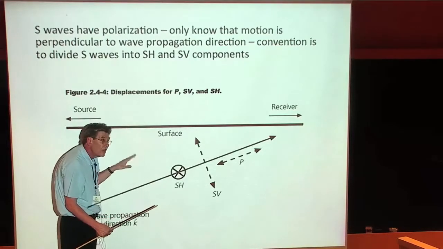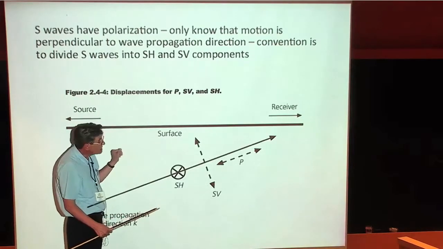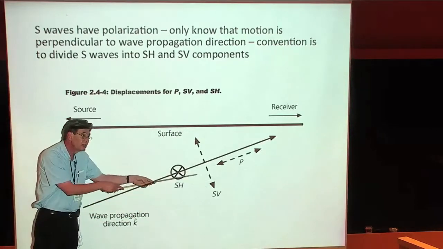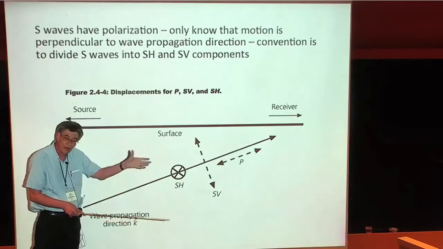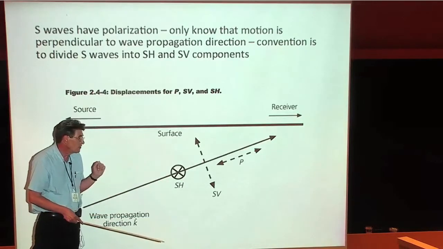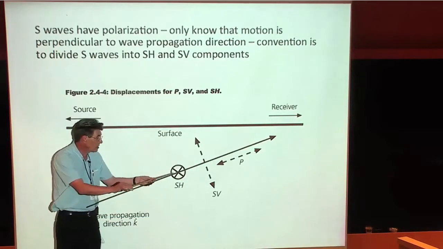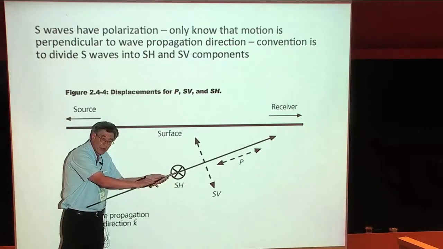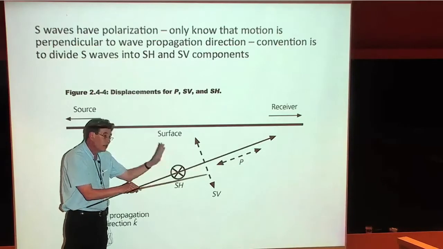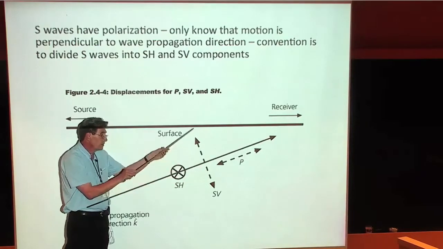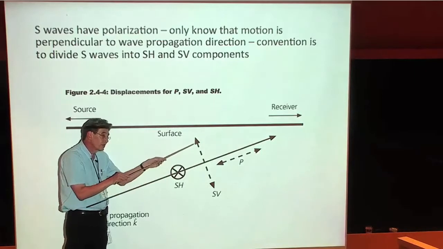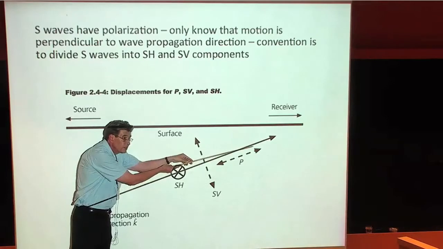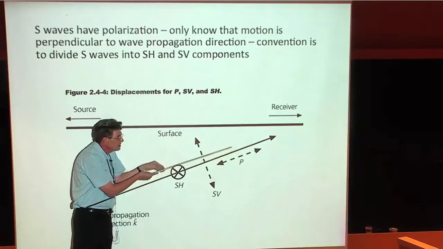We have a convention to break the S-type motion into two parts. One part we call SH, the other SV. So it's like two coordinates, if you want, for any kind of function. The SH has motion totally in the horizontal direction, so that would be coming in and out of the blackboard here. The SV component of S motion has a vertical component as well as a horizontal component. Now notice the SV horizontal component is in the same direction that the wave is traveling. Sometimes we call that the radial direction.